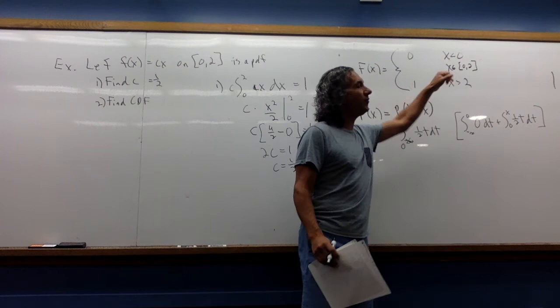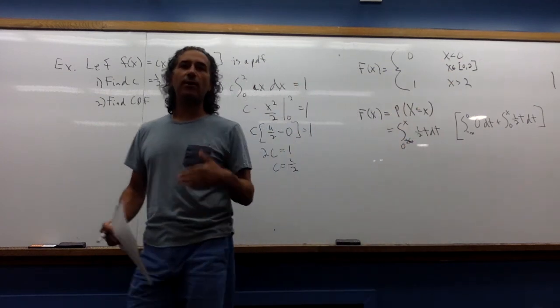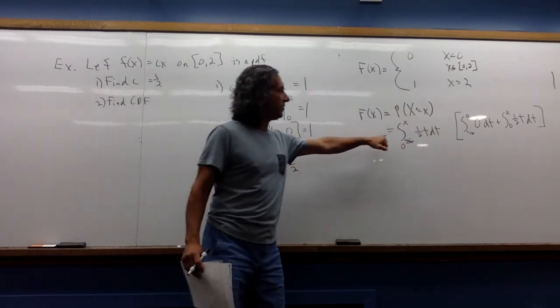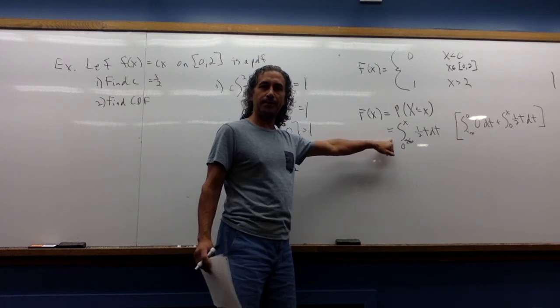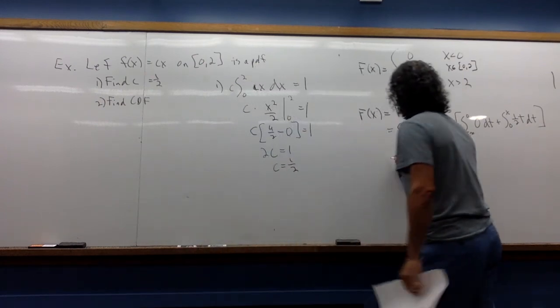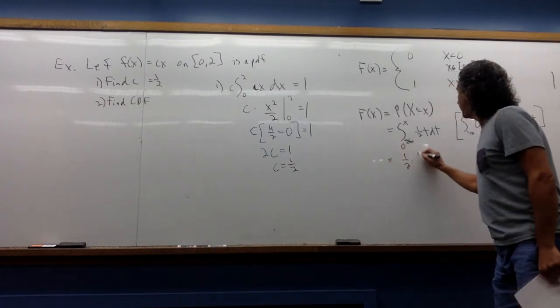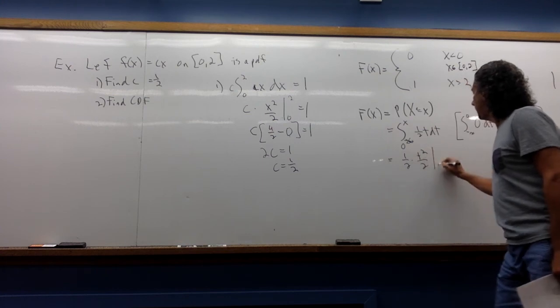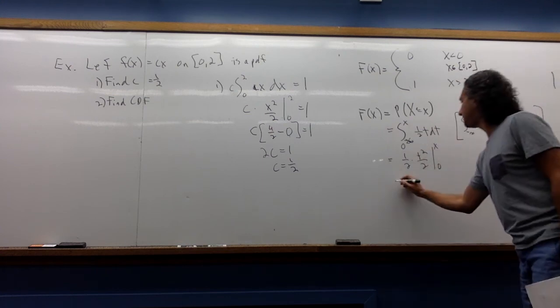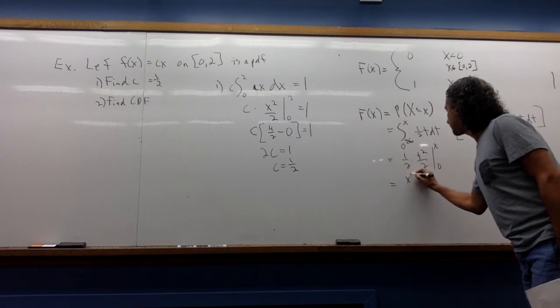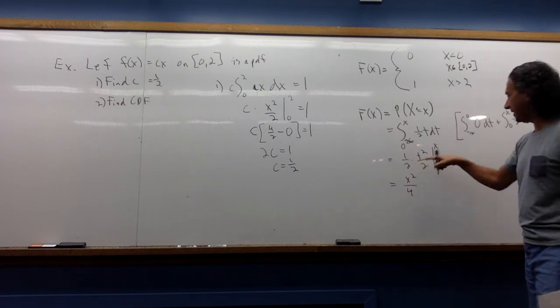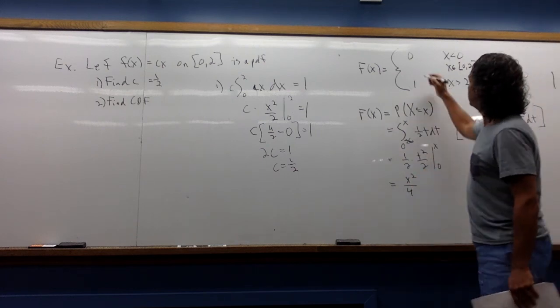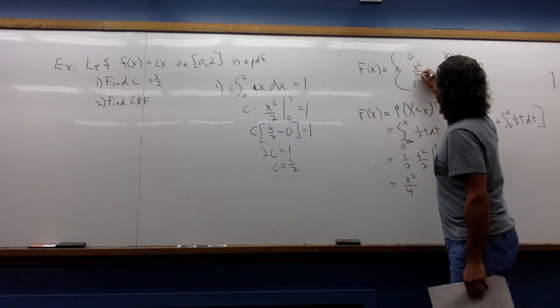It's this guy only on 0 to 2, and it's 0 otherwise. So this is actually the integral I want to compute. So doing so, I get 1/2 times t squared over 2, integrated from 0 to x, and I get x squared over 4 minus 0. So this is my CDF.